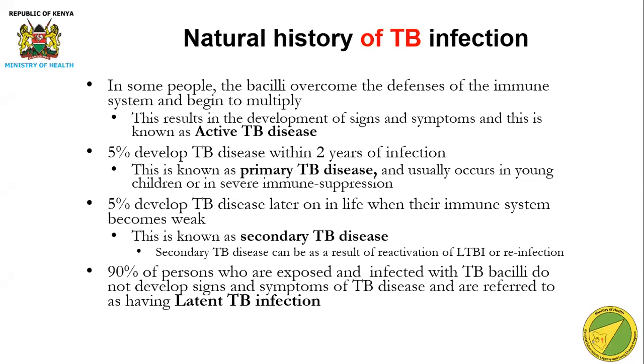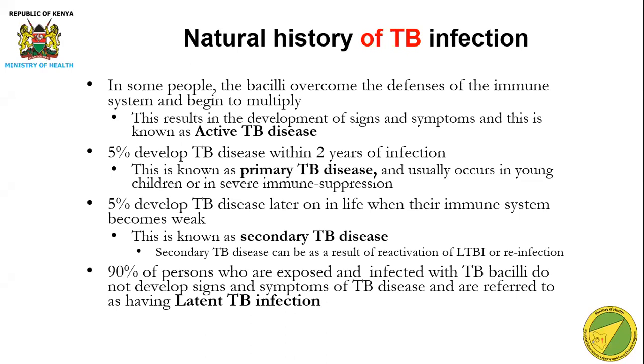This we call primary TB disease, and that's just 5% of those that have got infected with TB. And this usually occurs in young children or in severely immunosuppressed populations, maybe those who are elderly, very young children, those with other comorbidities.